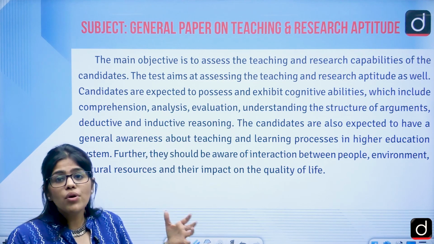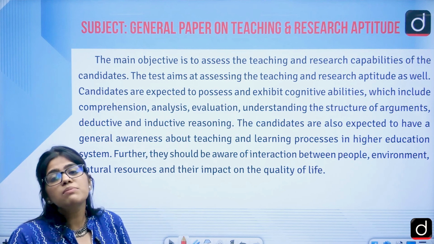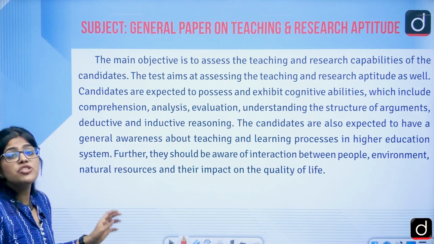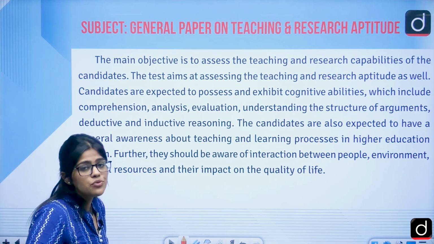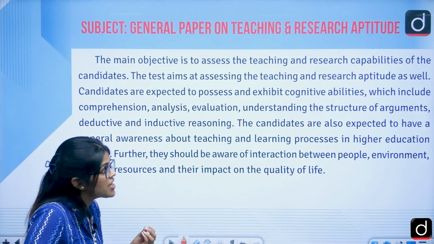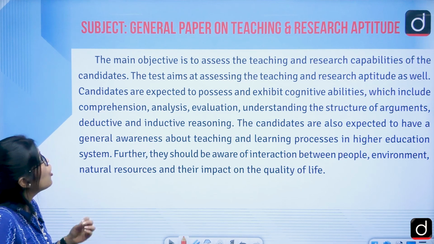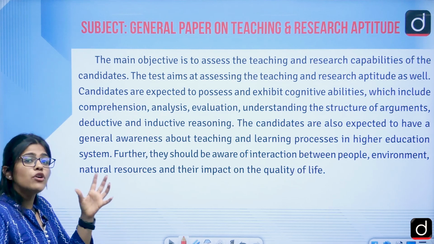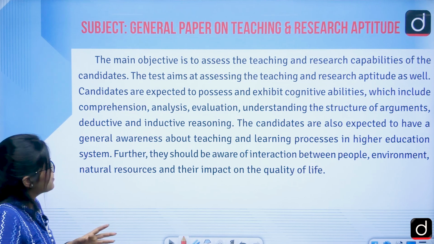If you score more marks in this paper, then it becomes very easy for you to crack the exam as well. The main objective is to assess you on the basis of your skills and aptitudes related to your teaching and research capabilities. They are also trying to assess the aptitude level of the overall personality of the person.